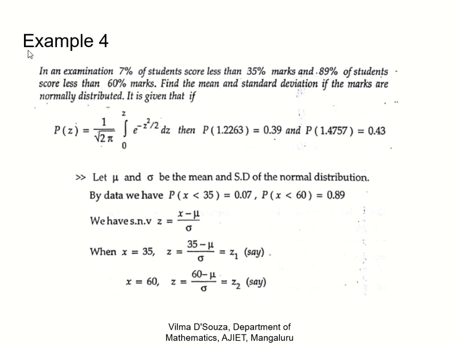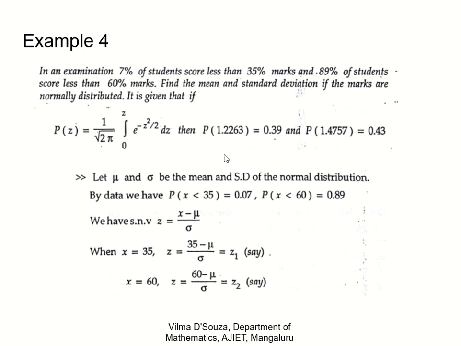So now read the question carefully. Somewhere you have normal distribution mentioned here. So it is a normally distributed variable. 7% of the students score less than 35 marks.